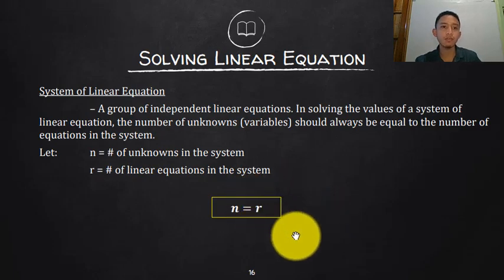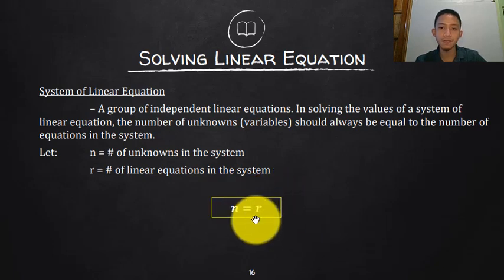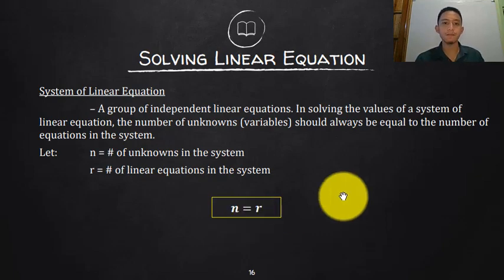You can solve that one, but there will be a lot of answers, so your answer will be inconsistent. So if you are referring to definite or specific solutions, the number of unknowns should equal the number of equations in the system.